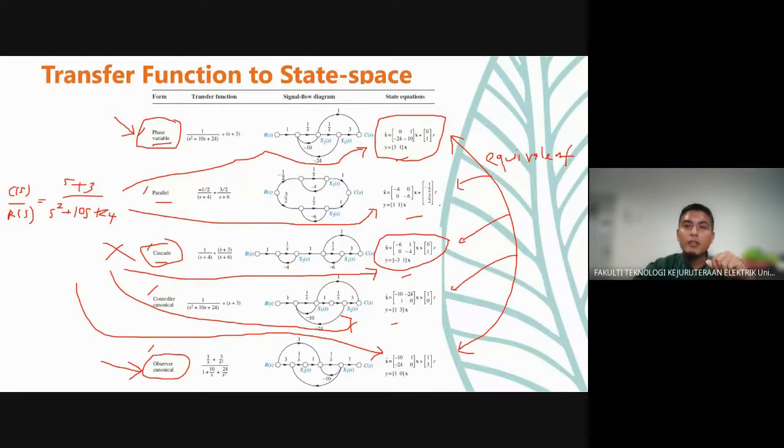The rest you just need to know a little bit. However, the most important are phase variable form and observer canonical form, because these two forms you will use to design controllers after we finish this topic. Okay, clear about this?